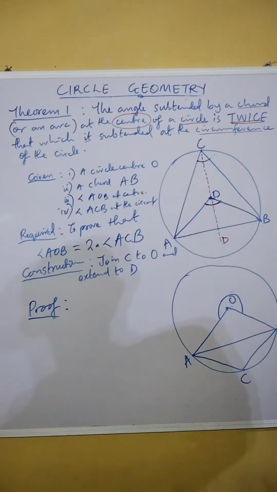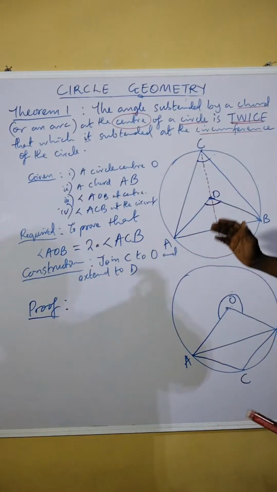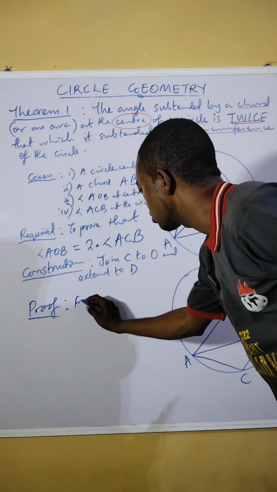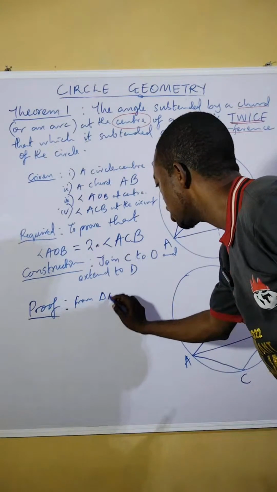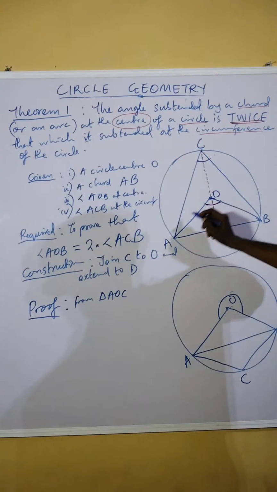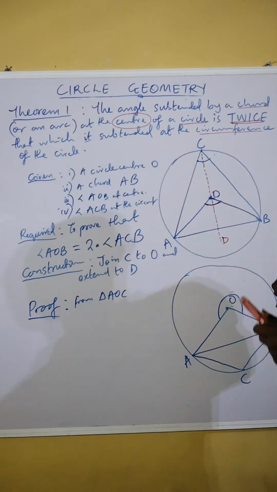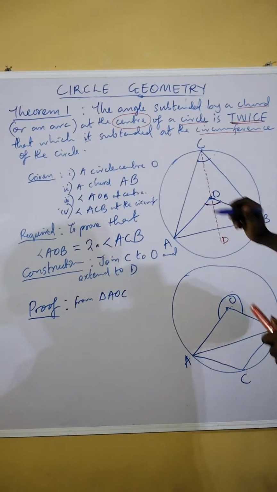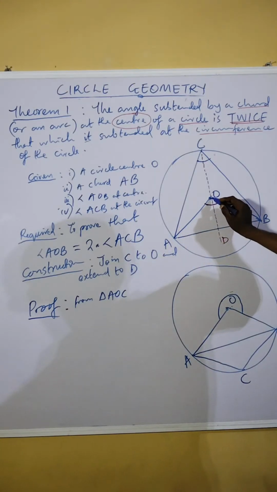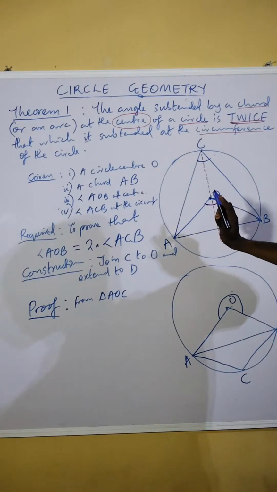Okay, now the proof. From what we have here, we can consider triangle AOC. Look at that triangle here. We have this line AO coming from the center to the circumference, and we call that a radius, right?